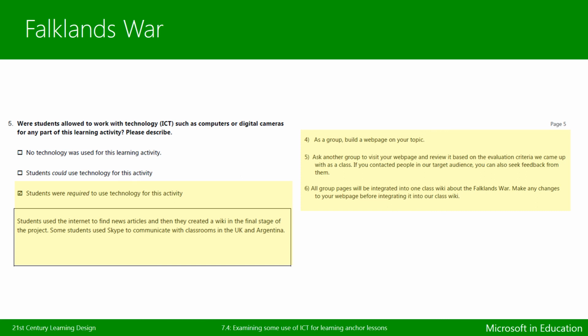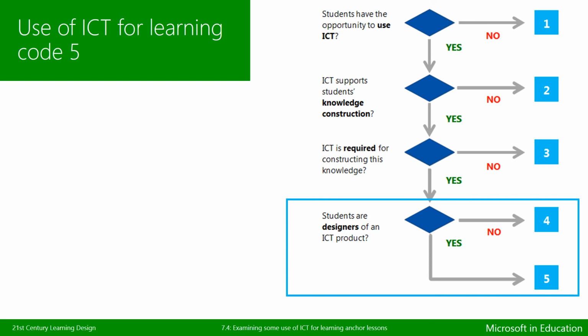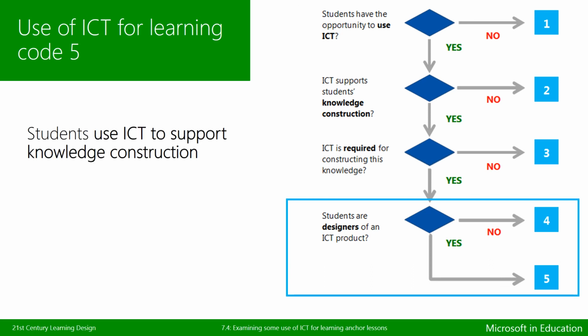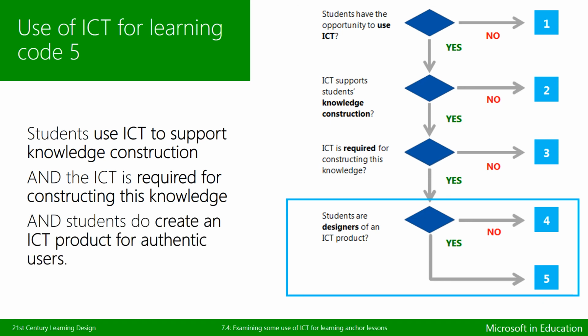Students created an interactive website to disseminate their learning to a specific audience. Therefore, the evidence in the Falklands War points to a code 5 for this learning activity. This means that students use ICT to support knowledge construction, and that ICT is required for constructing this knowledge, and students do create an ICT product for authentic users.